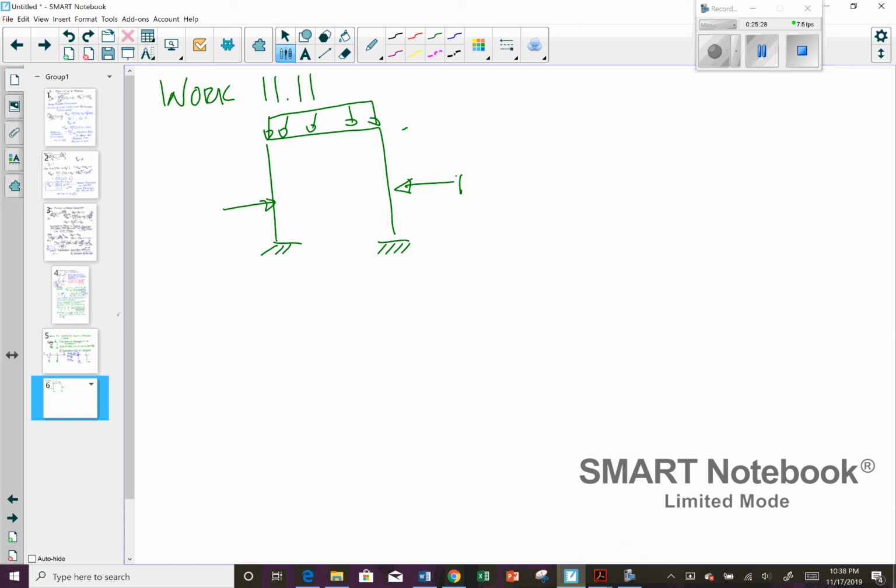I'll let you look it up. It looks like this. P is equal to 30 kips, and this is 2 kips per foot.